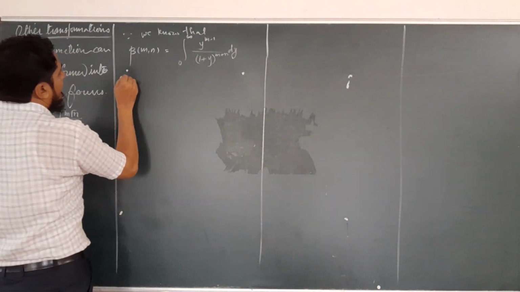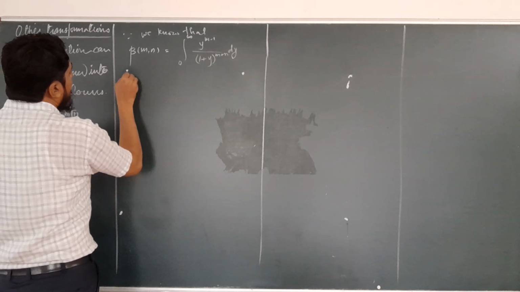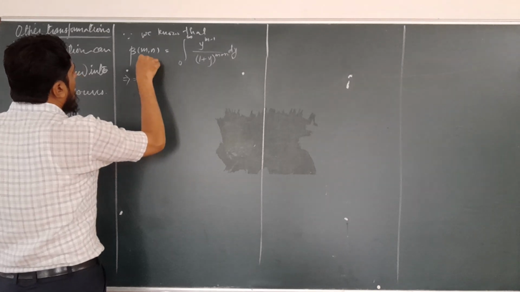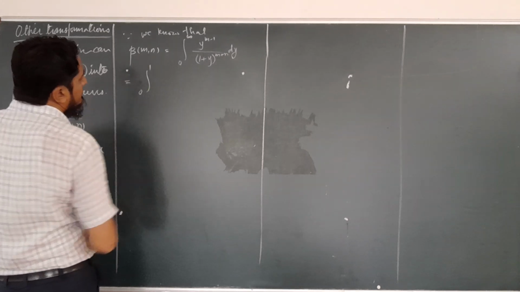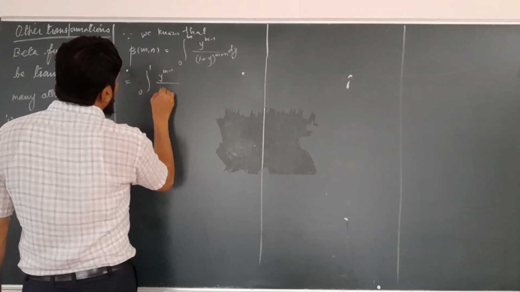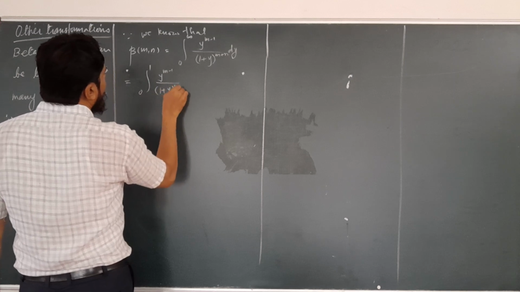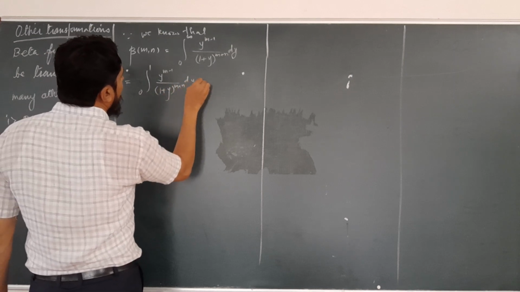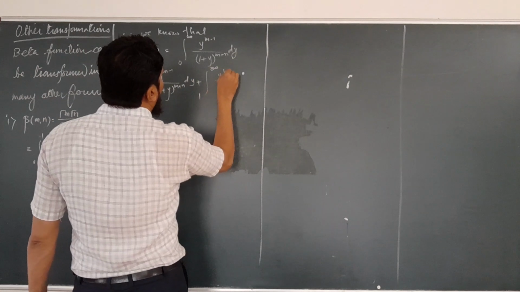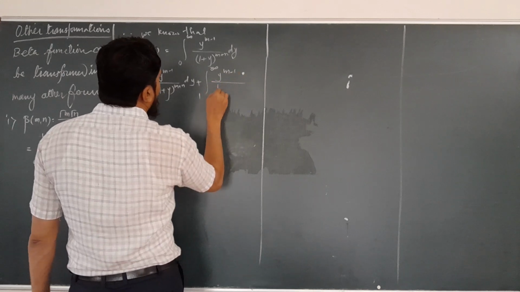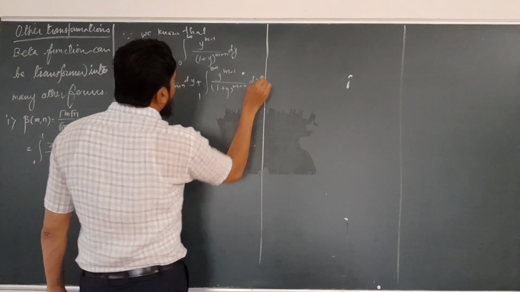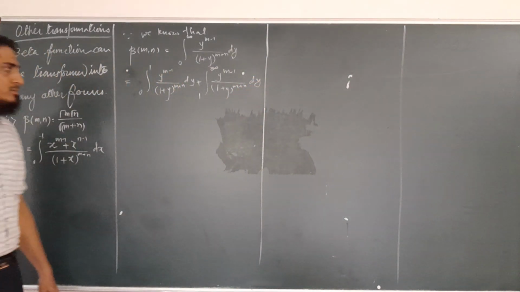Now this equation can be written as integration from 0 to 1 y raised to m minus 1 upon 1 plus y raised to m plus n dy plus integration from 1 to infinity y raised to m minus 1 upon 1 plus y raised to m plus n dy. Correct?